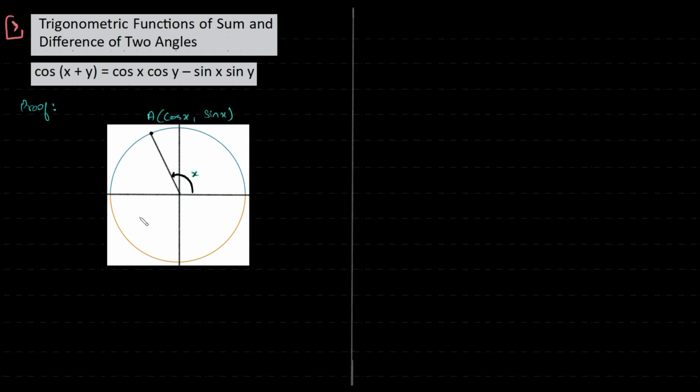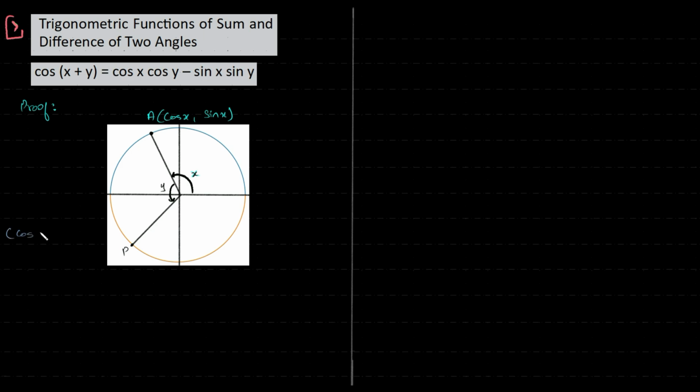This we have learnt. Now I'll extend this angle. So we are looking at something like this. And now I'll join this. And that's your angle y. That's your point. Say that's point P. And now this would be what point P would be of the coordinate.